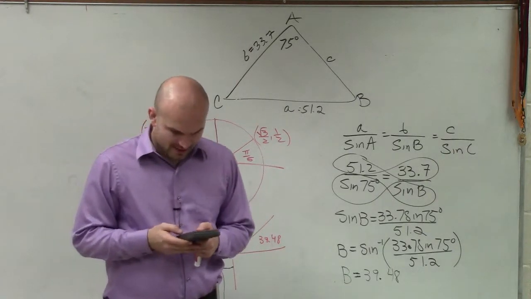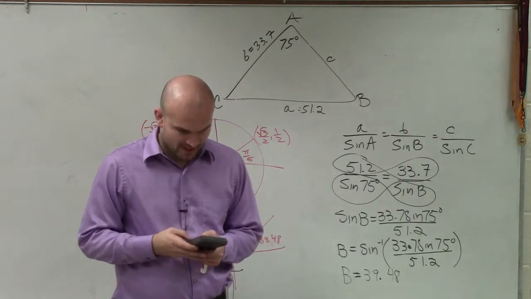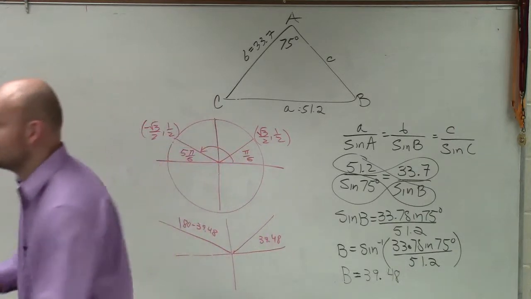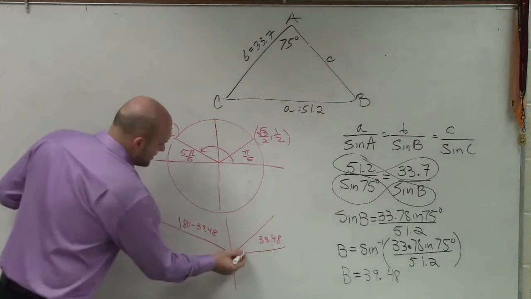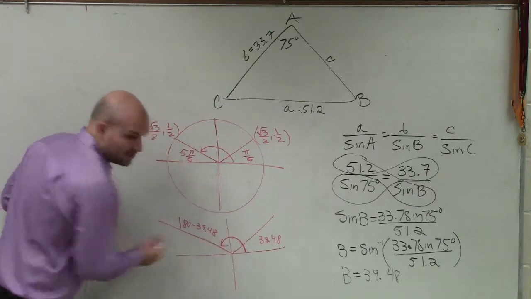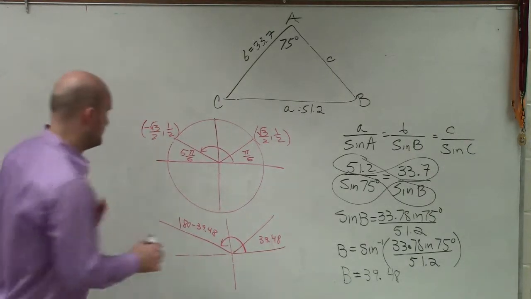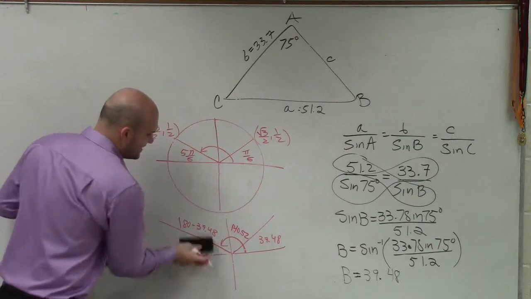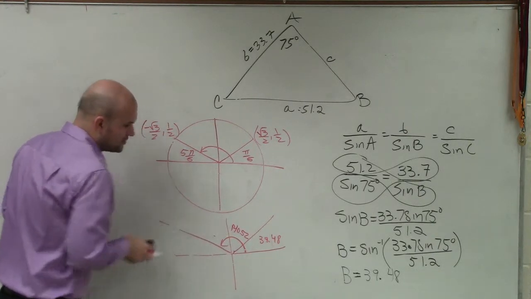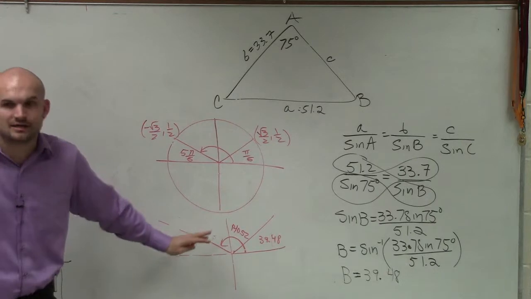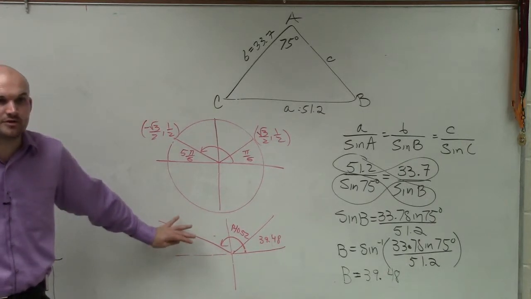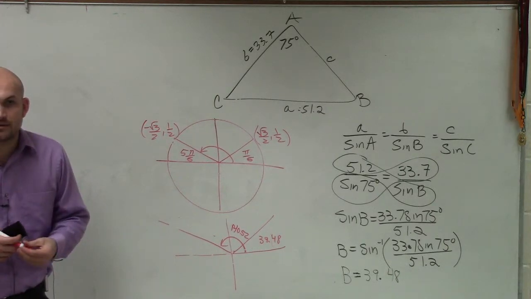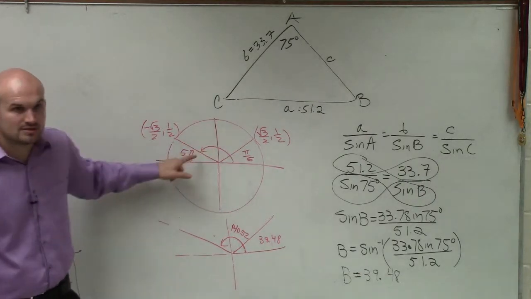I'm sorry. 180 minus 39.48, that's 140.52, obviously. Do you believe that the sine of those two angles is going to be the same? I know they're not on the unit circle, but if you were to find the sine of both of those, do you think they'd be the same?